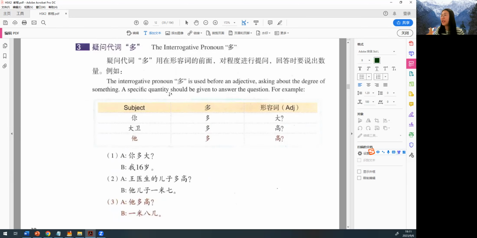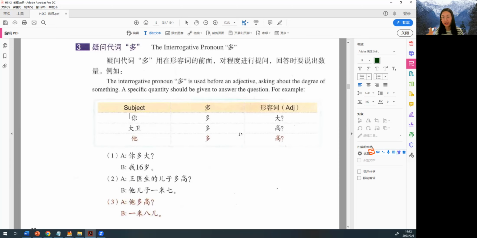All right, so the first point is 多. Here 多 is used as a question word inside the question sentence. For example, the first one, 你多大? It means how old are you? Second one, 大卫多高? How tall is David here? And then the third one, 他多高?